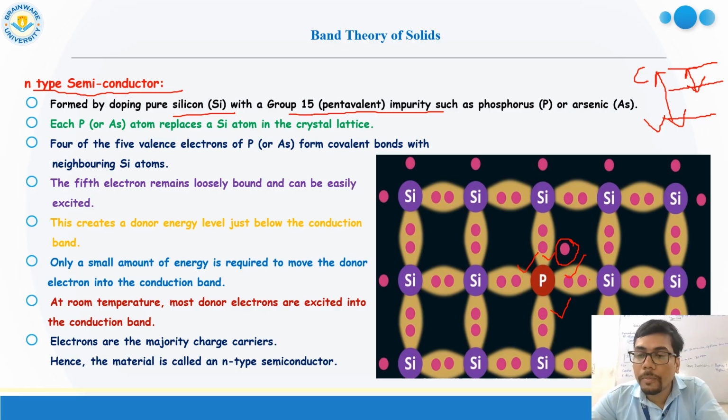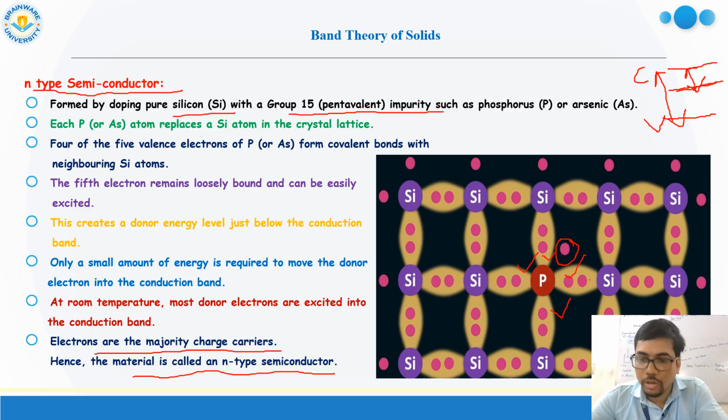So by thermal excitation at room temperature, the electron can move from this donor impurity level to the conduction band, and due to this type of electronic movement, electricity is generated. And in this case electrons are the majority charge carrier, so that's why this material is called n type semiconductor.